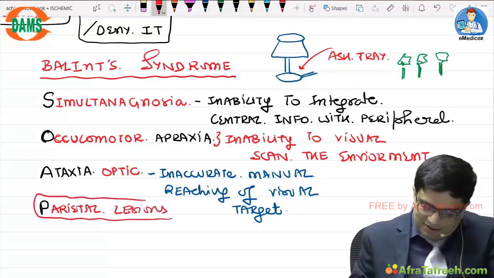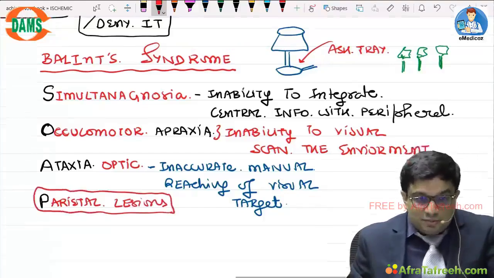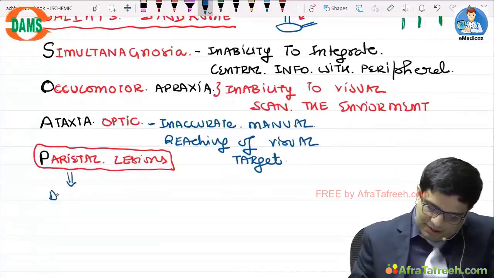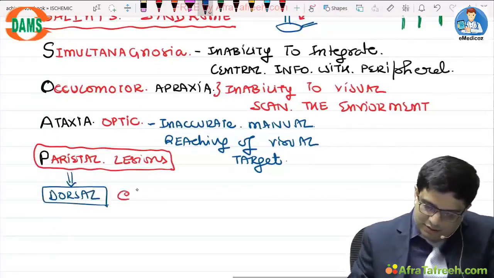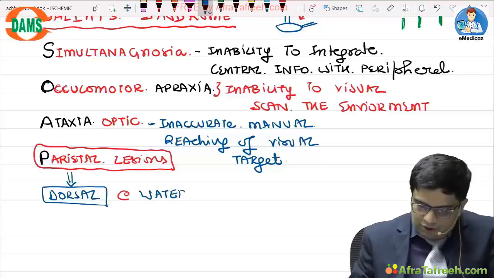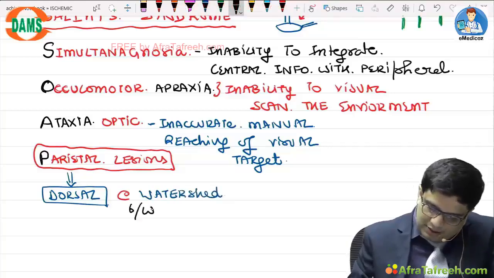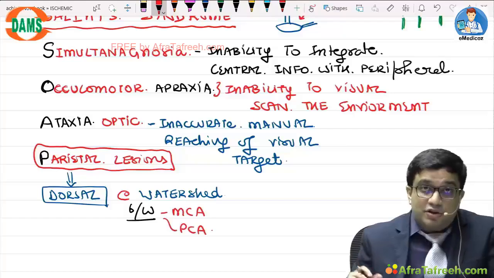Now the confusion happens, or why did you tell under PCA? Because most of the time in these patients, these are dorsal parietal lesions, and they are somewhere located at the watershed zone between the MCA and the PCA. So please understand the small concept of watershed.